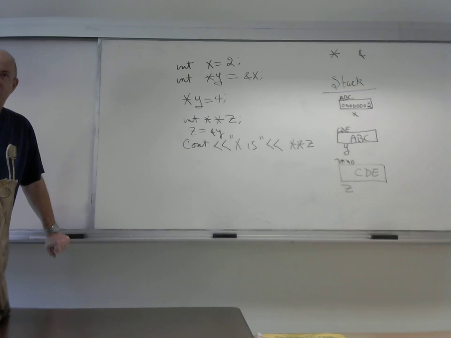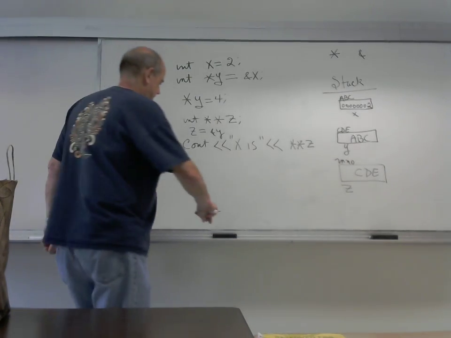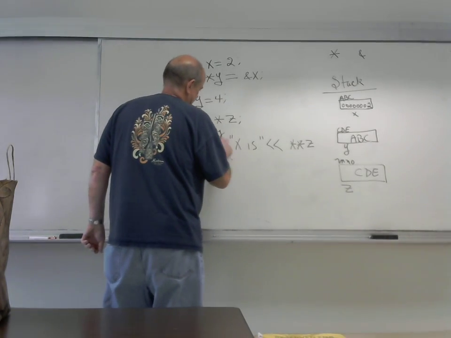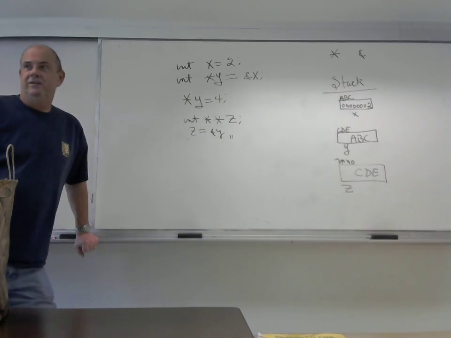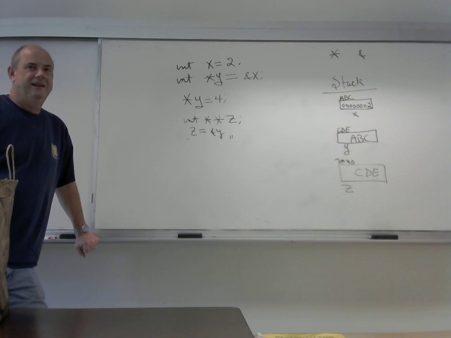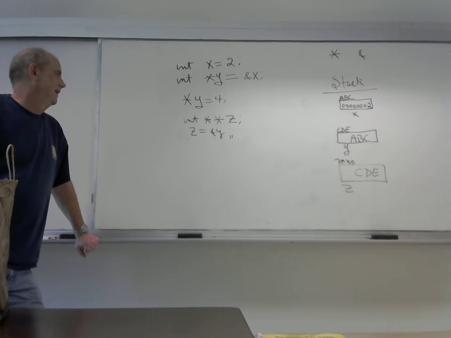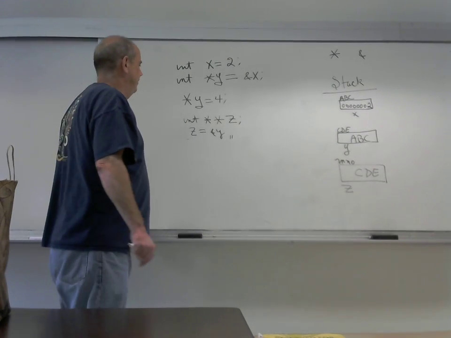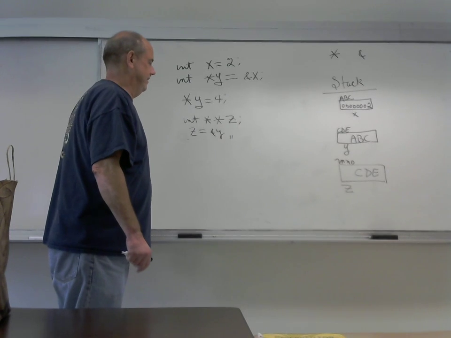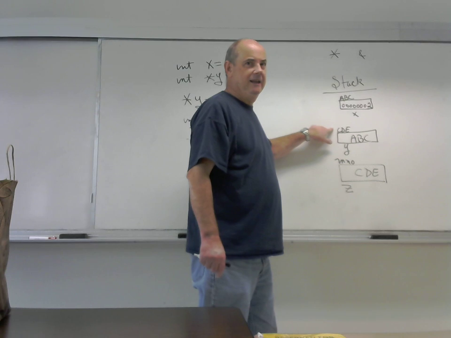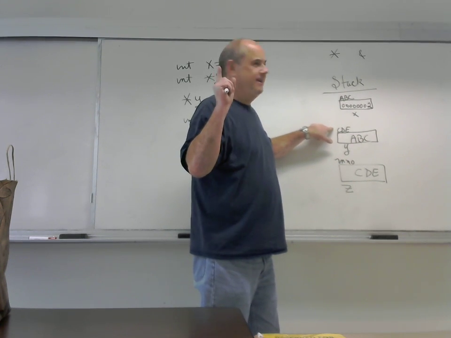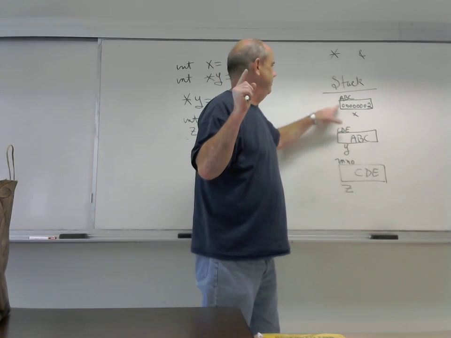Questions? All right. Did I hear someone? Yeah, how do you get the value of 2 with star star Z? So you go to Z, take the address and dereference. That's one star. The second star, we take the address and dereference.